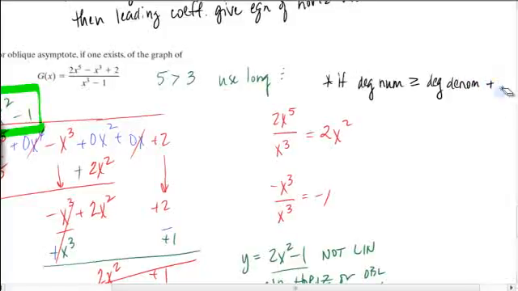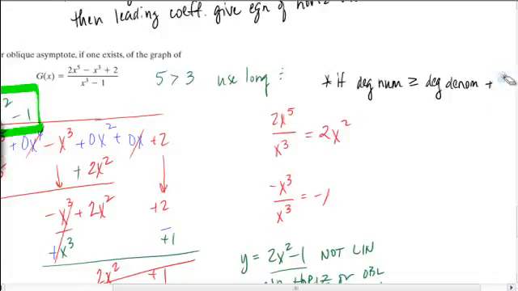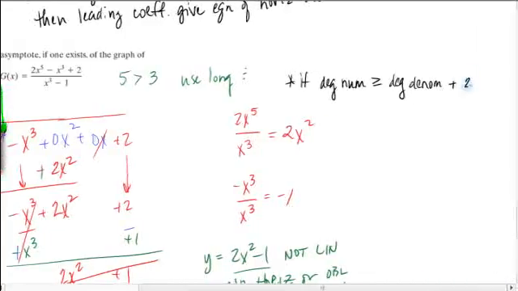Okay, like we had over here. The degree of the numerator was 2 more than the degree of the denominator. That's what I'm wanting to say. If the degree of the numerator is 2 more than the degree of the denominator, then there will be no horizontal or oblique asymptotes.